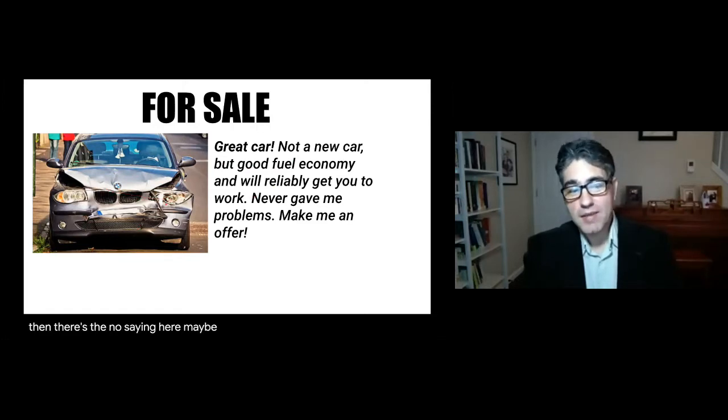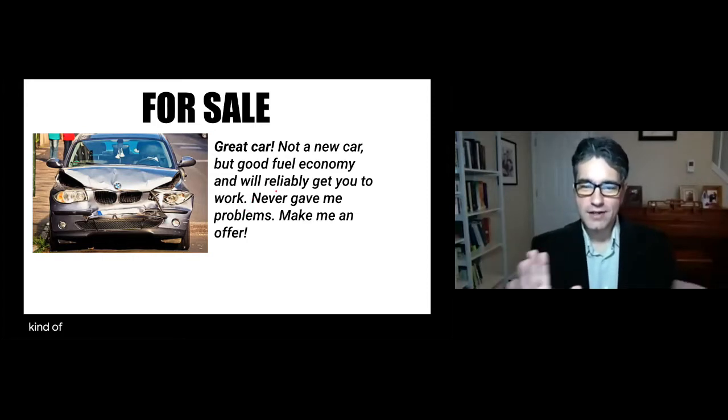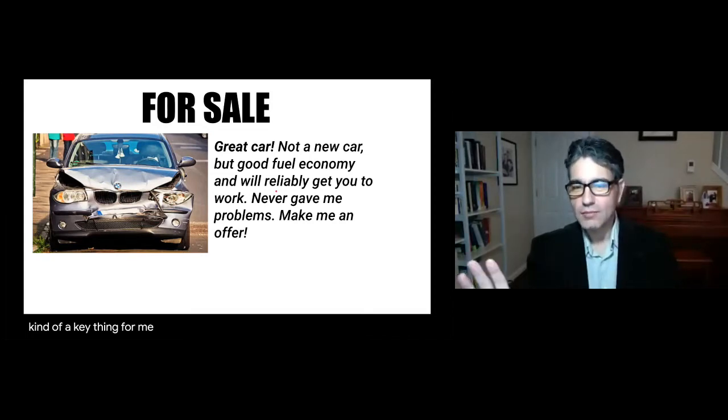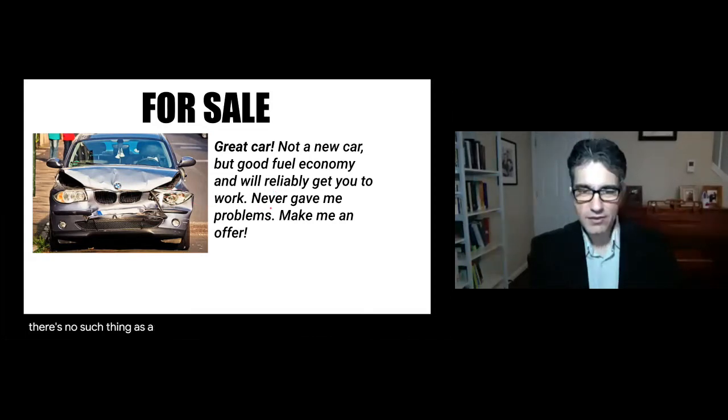Maybe these problems are not affecting the drivability of the car. Maybe the car is still drivable despite this unsightly appearance, but it's not being mentioned here. And so I guess this is kind of a key thing for me, and I think most of you have alluded to this, is that there's no such thing as a perfect method.